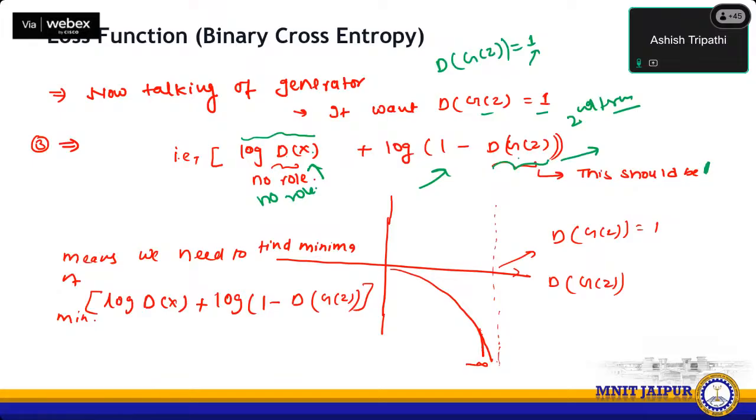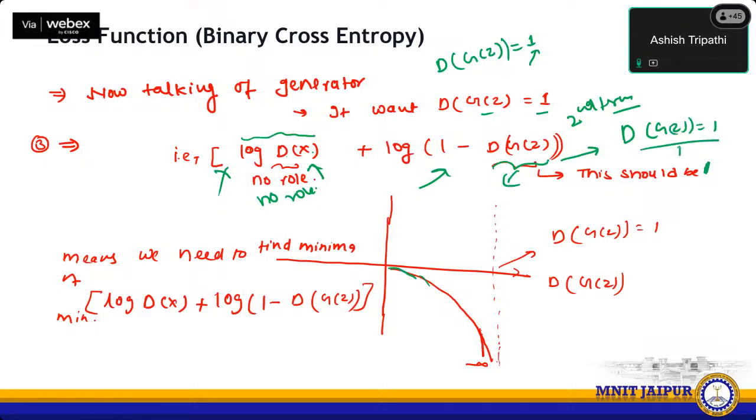Why is it so? Because in order to fool it. If you plot the graph for the generator, we don't have to do anything with this one, just cut it. If you plot the graph of 1 minus this, it will become like this. What the generator wants is that this D of z should be equal to 1.